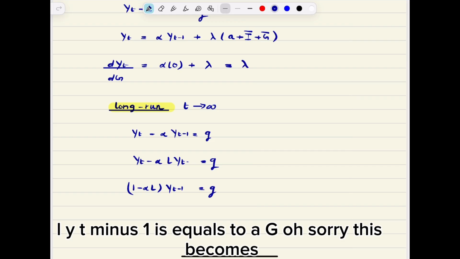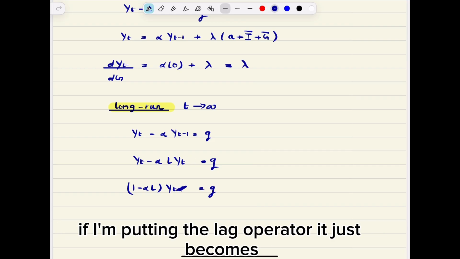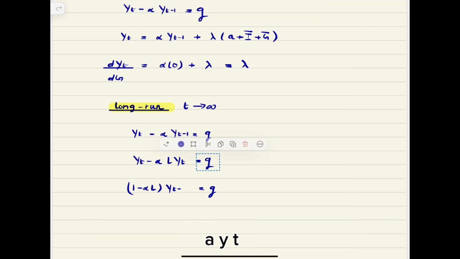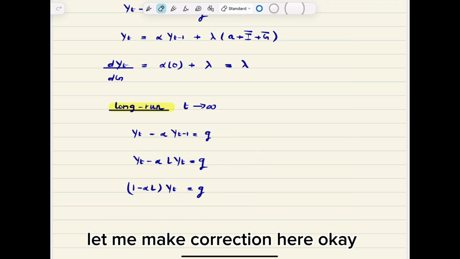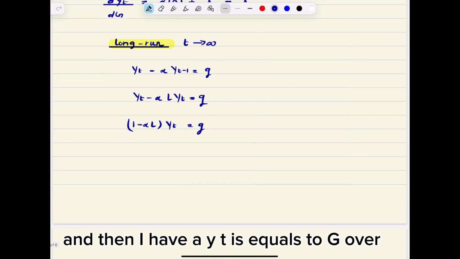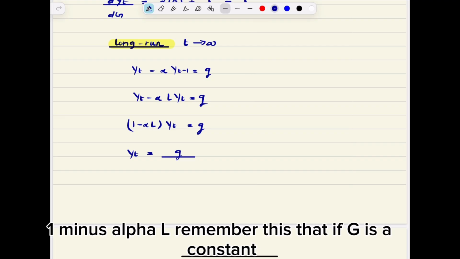Oh, sorry, if I'm putting the lag operator, it just becomes a yt. Let me make a correction here. And then I have a yt equals g over 1 minus alpha L.